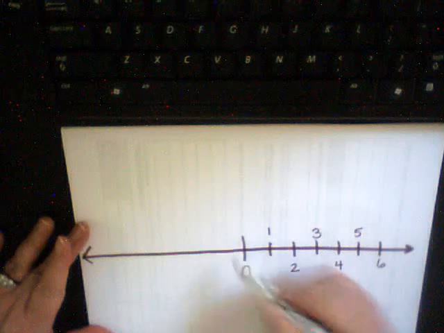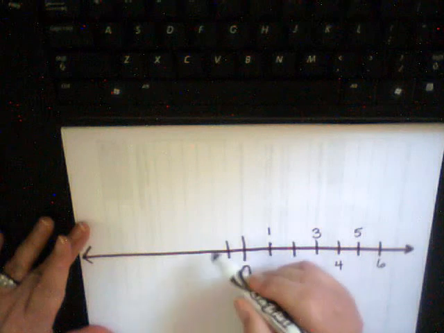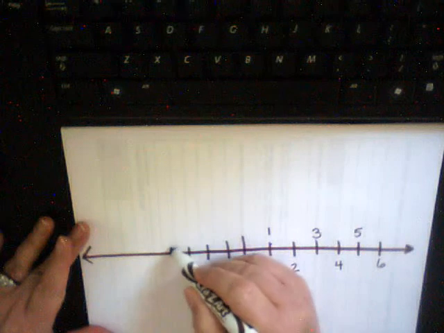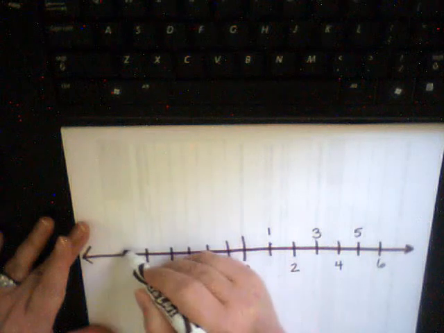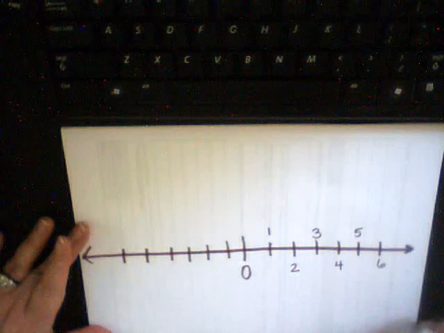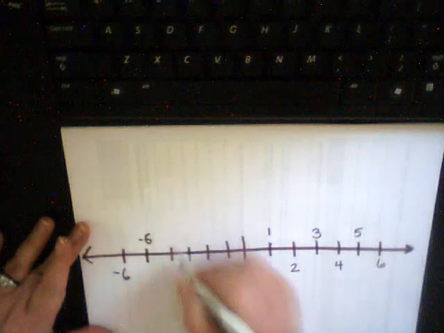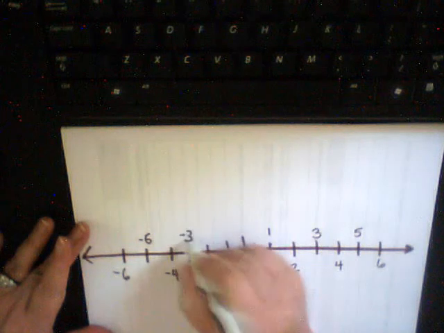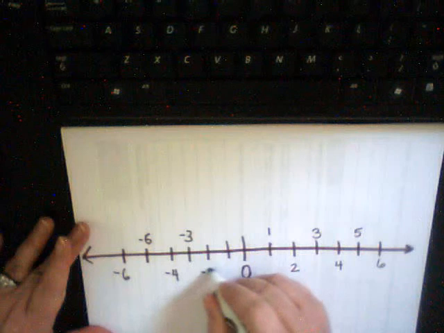Now we're going to do the negative side. That's 1, 2, 3, 4, 5, 6. And again, I'm going to alternate top and bottom as I label. That way it's just easier for us to work with here online.